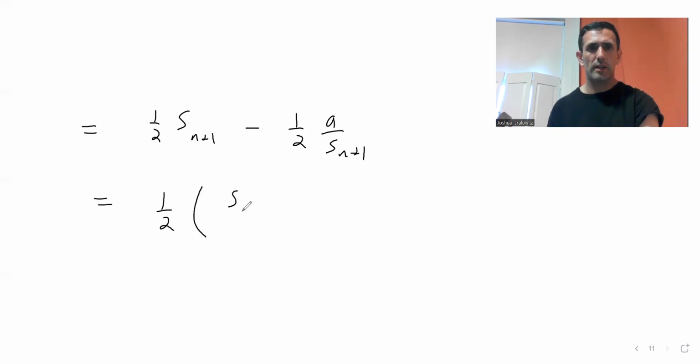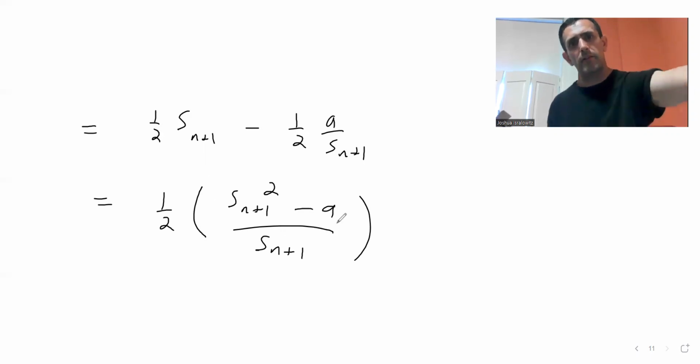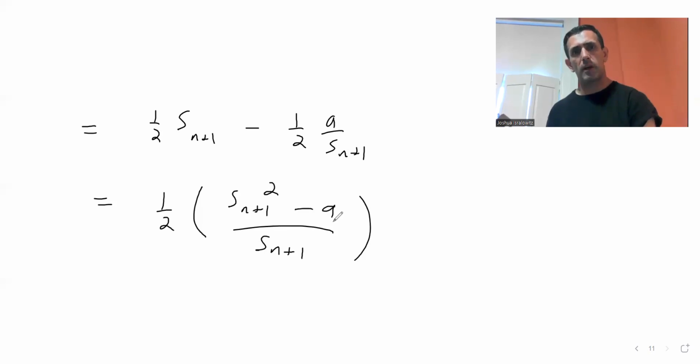So it's S_{n+1} squared minus A over S_{n+1}. This first term here is just 1/2 S_{n+1} distributed. The second term here is 1/2 minus 1/2 A over S_{n+1}.